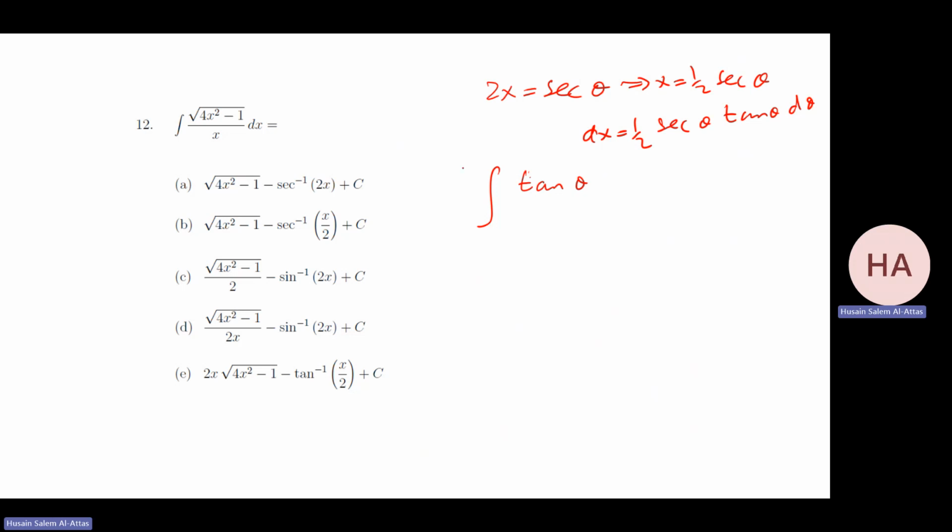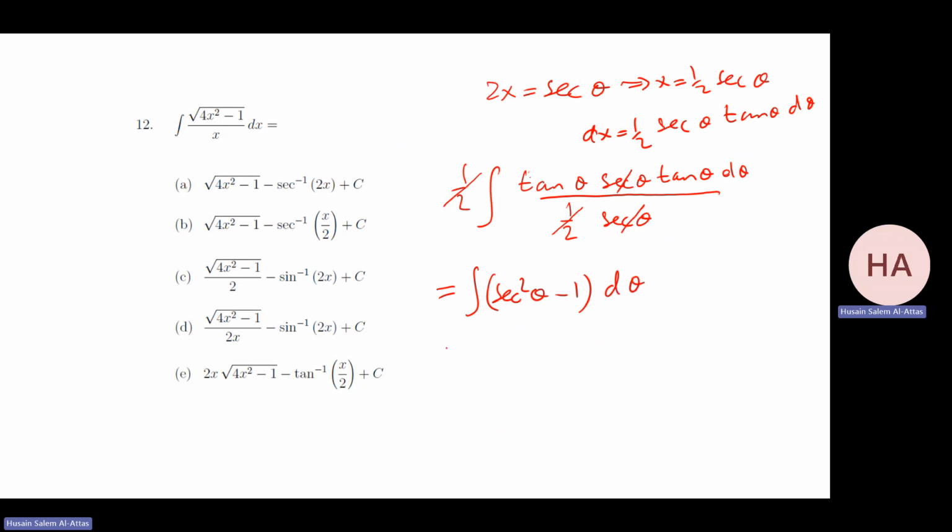The half, take the half out. Secant theta tan theta d theta over x, which is half secant theta. I think this is cancelled, and this is cancelled. So you have tan squared, which is secant squared theta minus 1 d theta. So I have tan theta minus theta plus c.